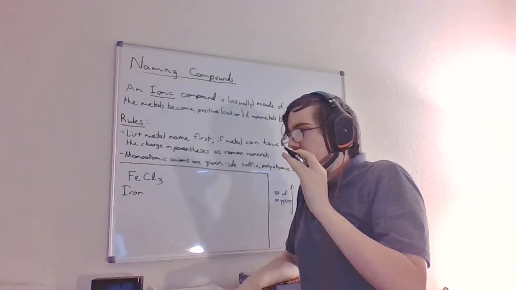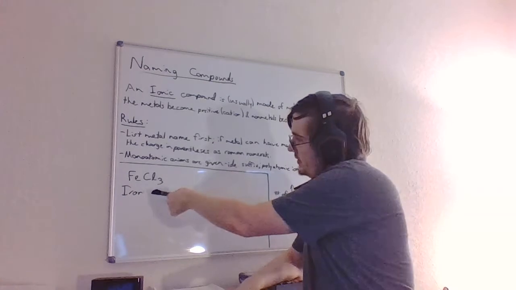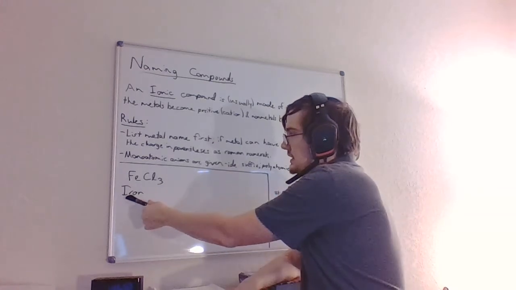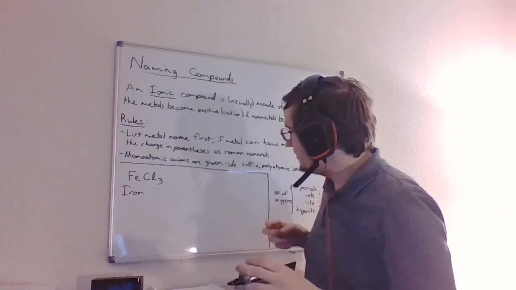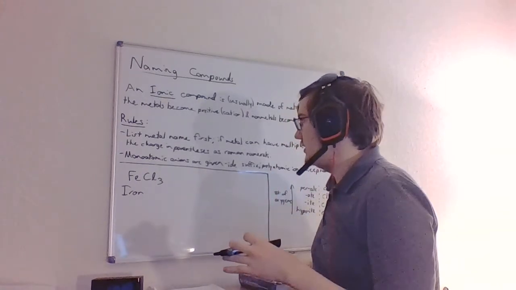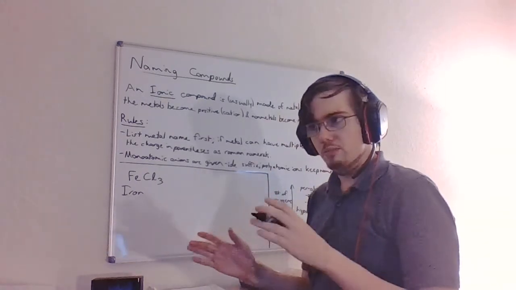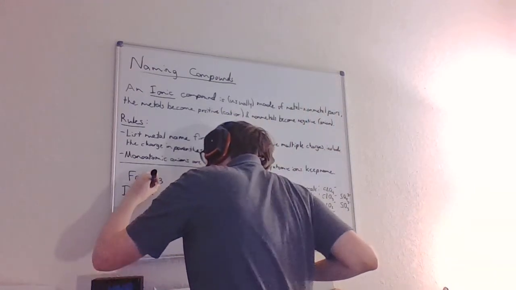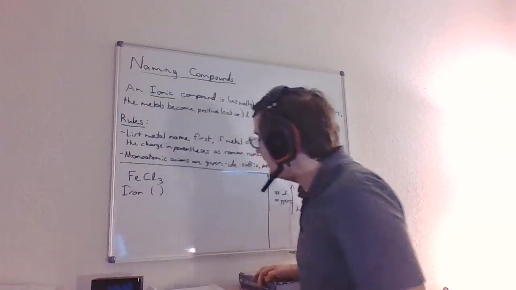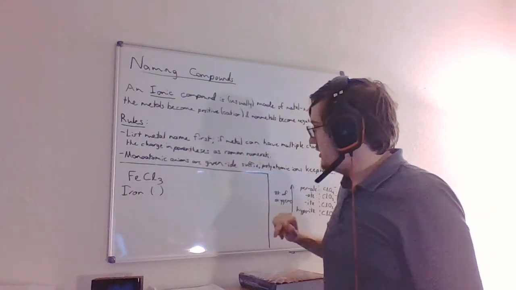Now, if you pay close attention, you should realize that there is a transition metal, though. And most transition metals do not have a set charge. They have multiple possible charges. So what we need to do is write that charge in parentheses. So what do you think that charge is?